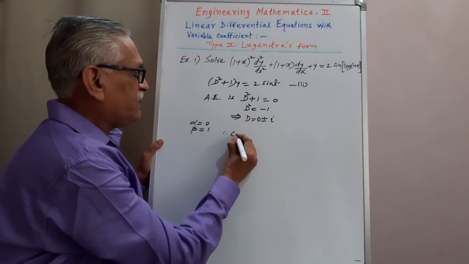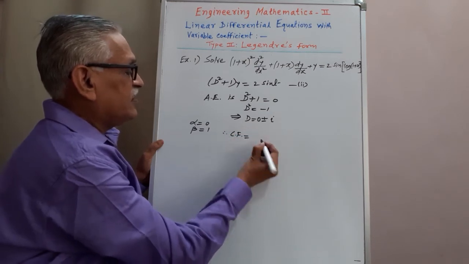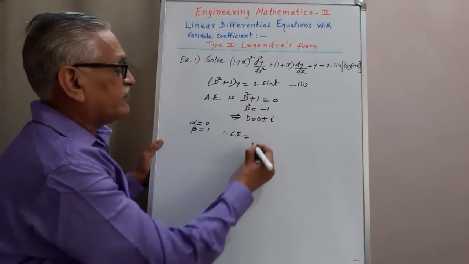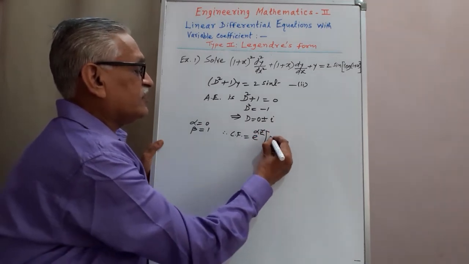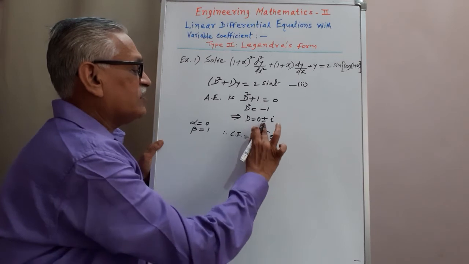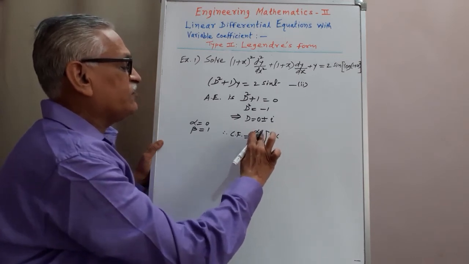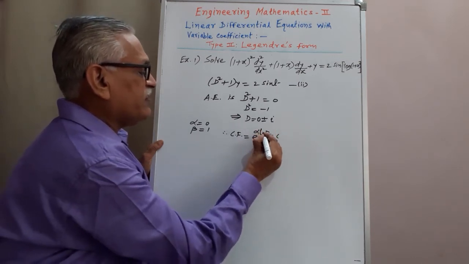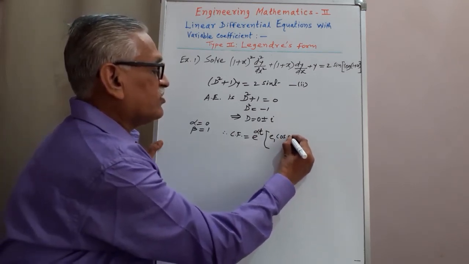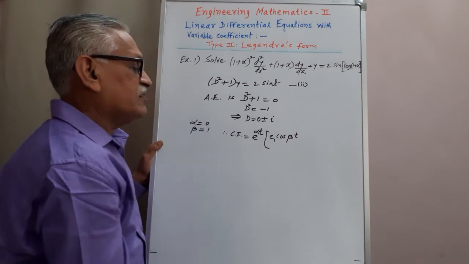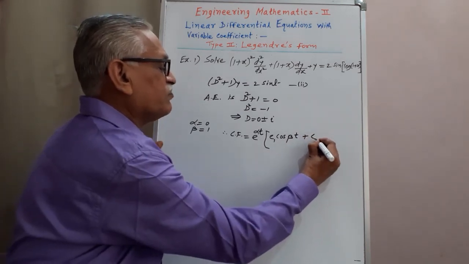Therefore we write down CF as e raised to alpha t, C1 cos of beta t plus C2 sin of beta t.